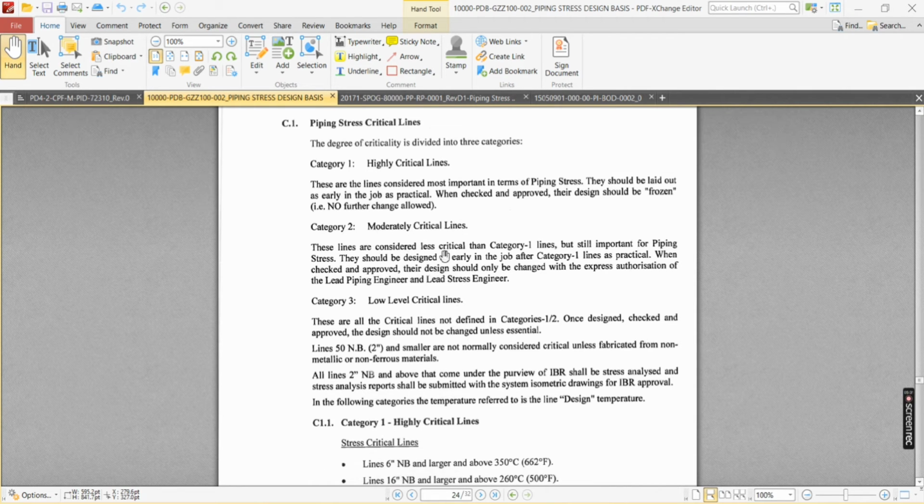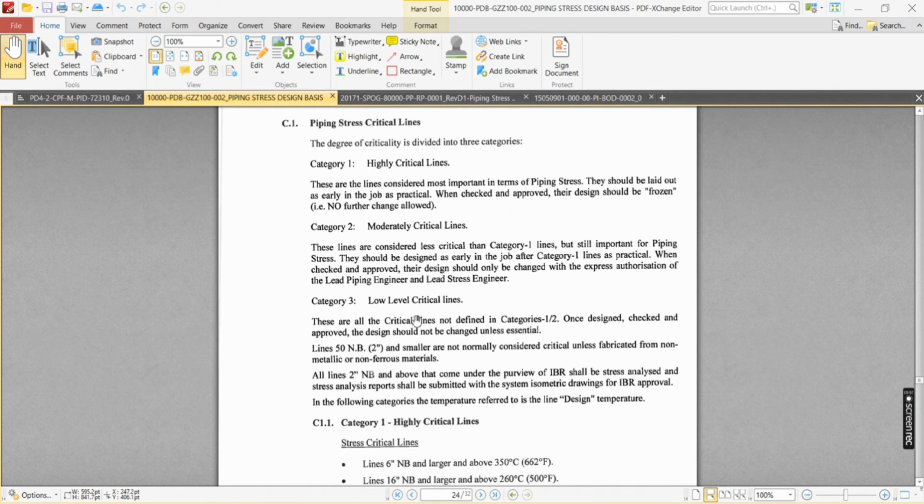This is just a visual review, or we just need to model the lines and transfer the loads to civil. This doesn't require any pipe stress report. Once checked and approved, the design should only be changed with the express authorization of the piping lead engineer or lead stress engineer. And category 3 is low-level critical lines, that is, non-critical lines.